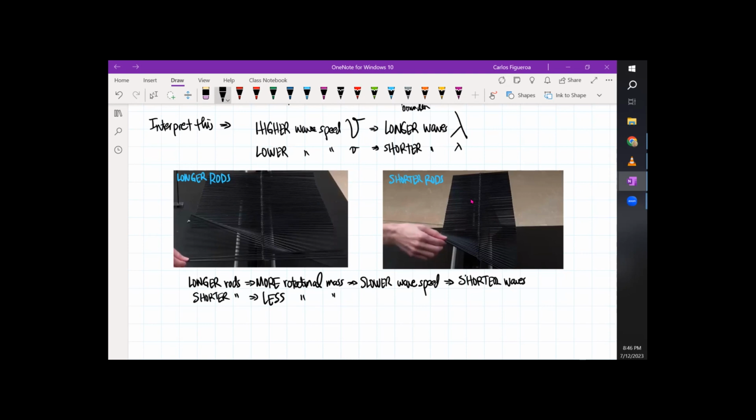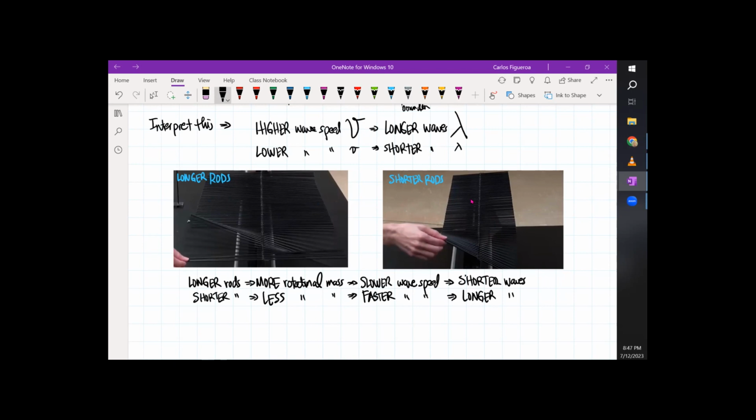In other words, they're easier to accelerate. If they're easier to accelerate, I'm going to transfer energy faster, and therefore I'm going to have a faster wave speed. And as a consequence, I'm going to have a longer wave.